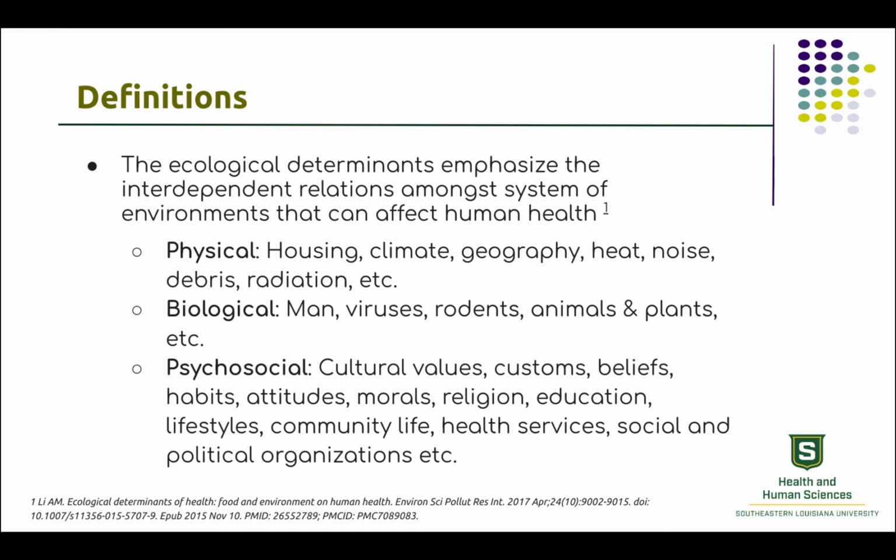So I'm trying to find an example of how these different components interconnect. So let me use migration as an example. For a lot of communities, especially those entering a place that is of a different race or a different ethnicity from where they're coming from, you will find that a lot of migrants tend to live in the same area.